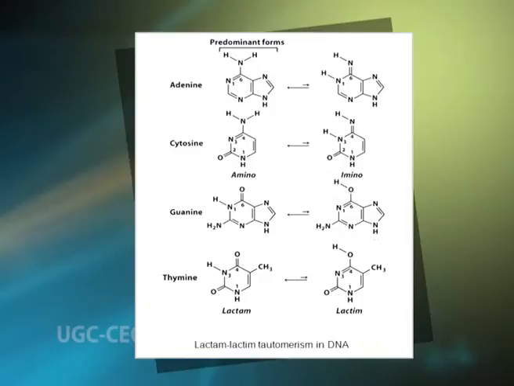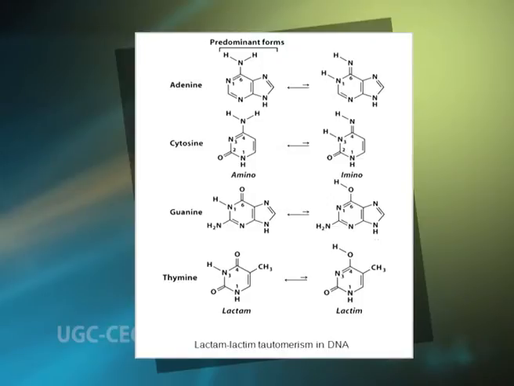Tautomerization usually occurs by the transformation of the amino group of adenine and cytosine to imino group by amino-imino tautomerization, or by the transformation of the keto group of guanine and thymine to enol group, which is keto-enol tautomerization.